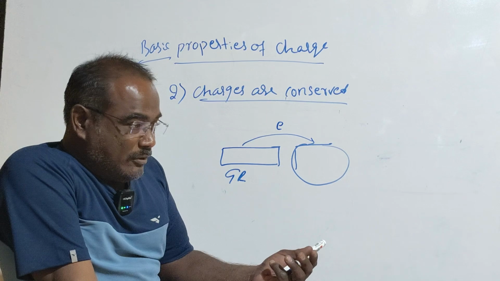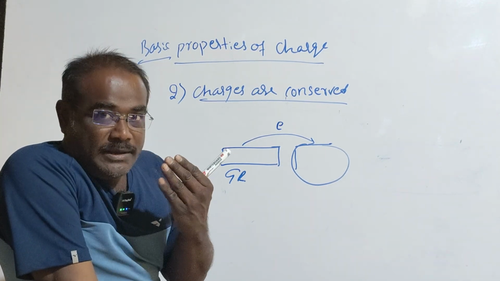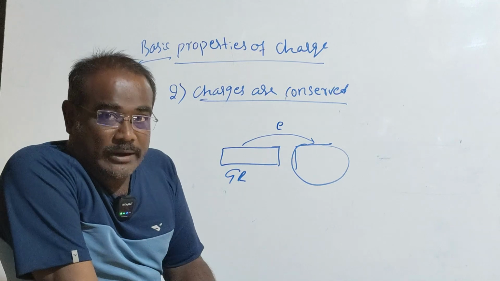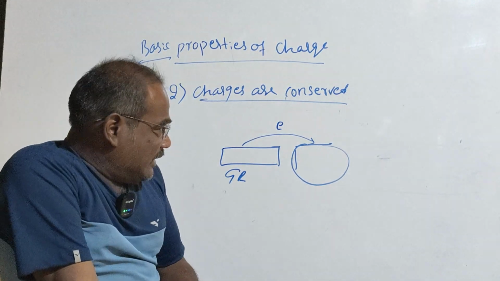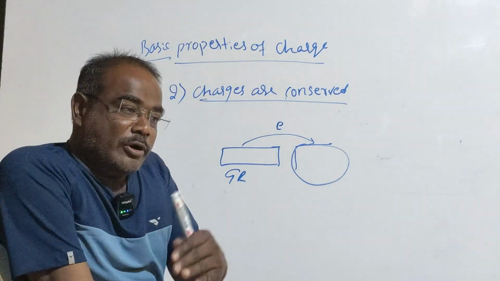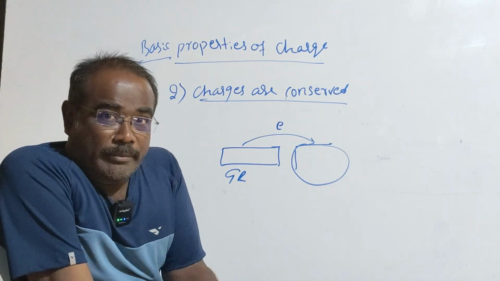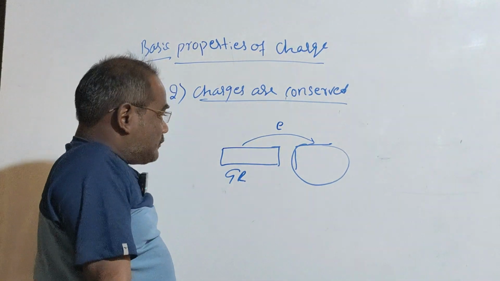As you studied in classical mechanics, there is a law of conservation of energy. Energy can neither be created nor be destroyed, but it can be transferred from one form to another form. Similarly, the charges are also conserved. Charges can transfer from one body to another body, but we cannot create or destroy the charges. Just we can transfer.